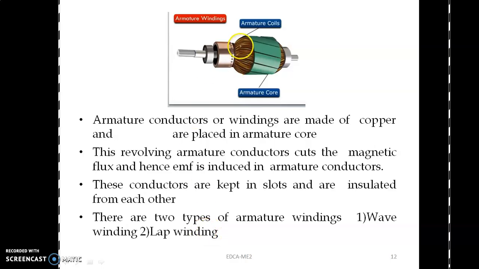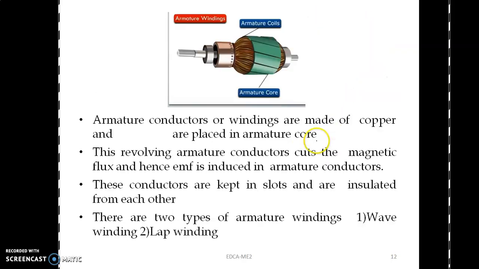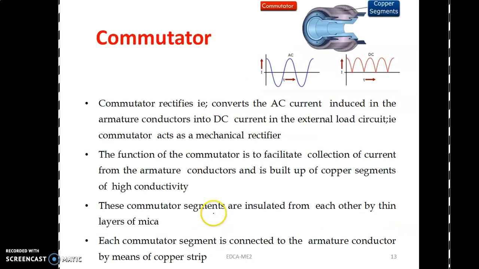That means the fashion of armature winding placed in these armature slots. Slots are there, no? In these slots we are placing the armature conductors. The fashion of that arrangement is mainly two types. One is called wave winding and the other is called lap winding.